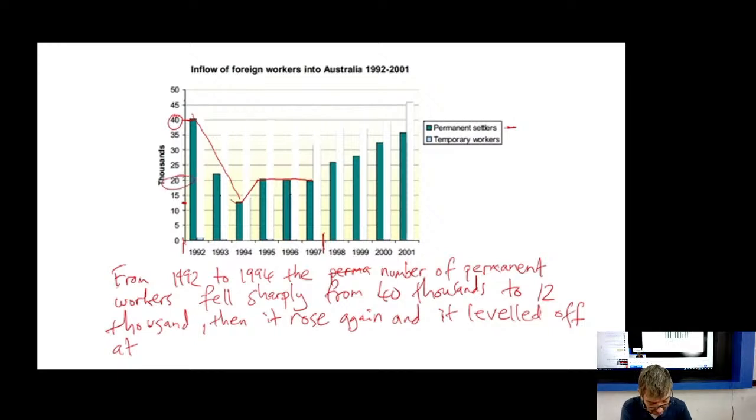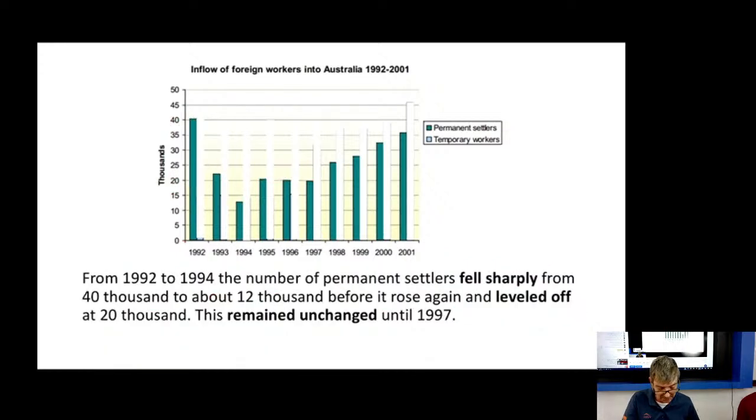It's this value. So we can say at 20,000, okay? Great, okay, so we've described the first part, the first period we were going to talk about, and that was for green, the permanent settlers.